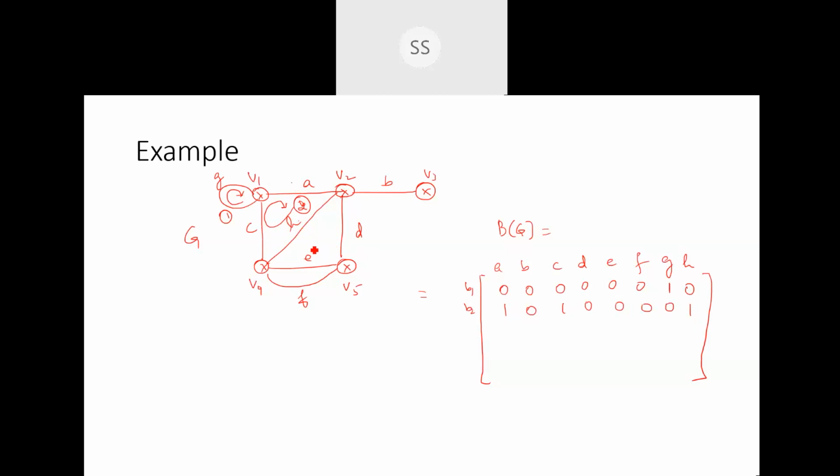Now I can have another circuit, which I call B3, which consists of D, E, and H. So these are the edges involved in that particular circuit. Then I can call this one B4, which consists of only E and F. The remaining portions are going to be 0.